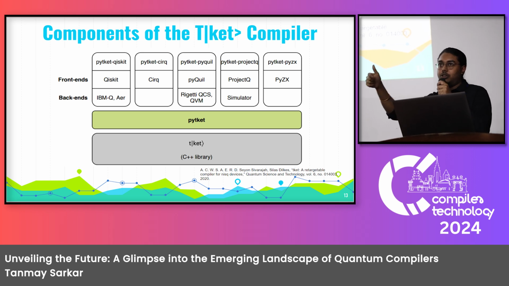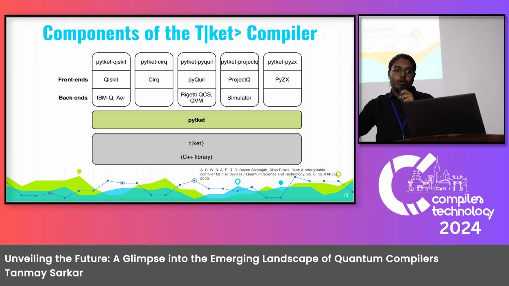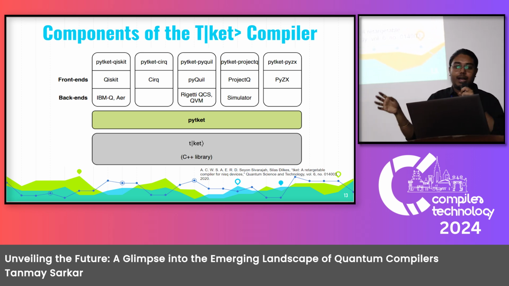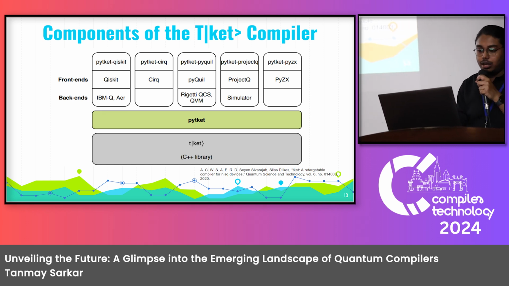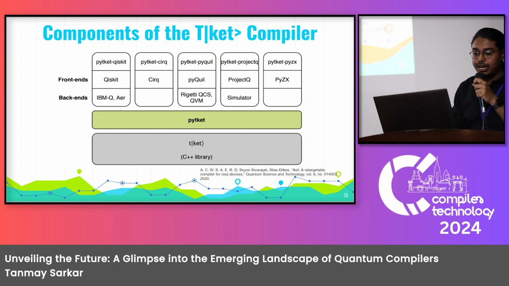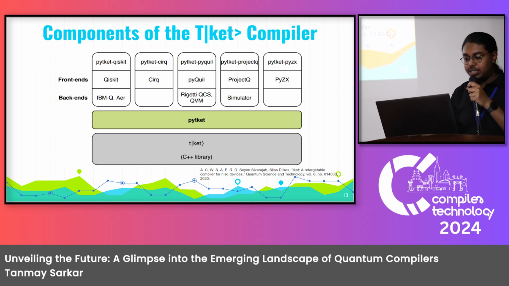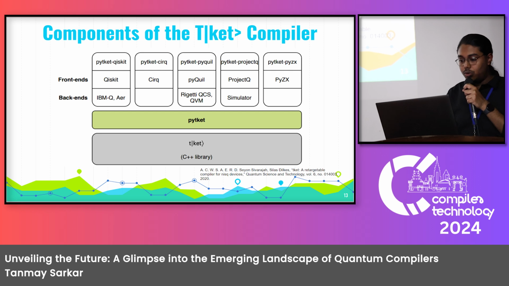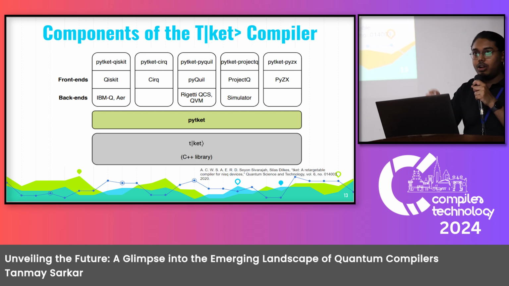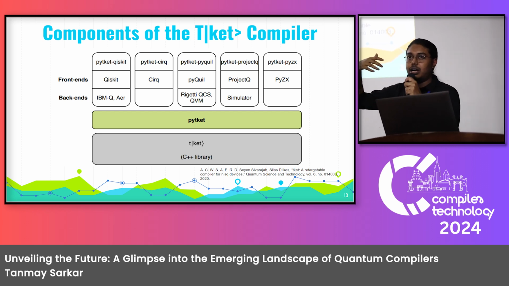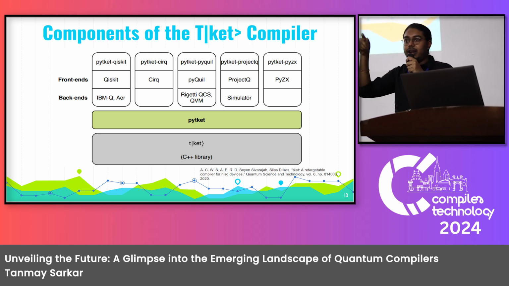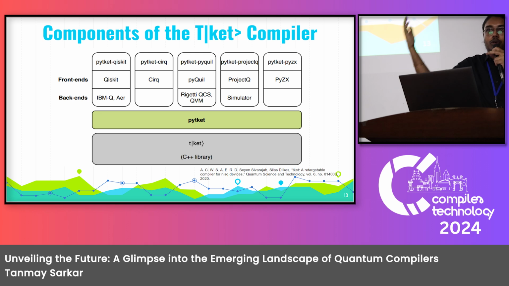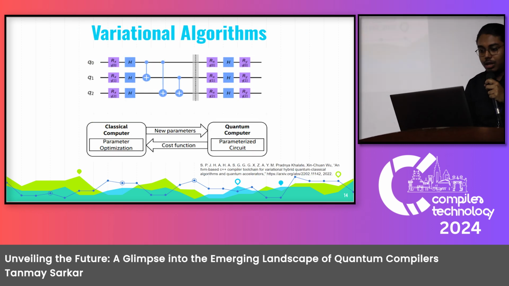What you just need to do in your Python notebook is pip install pytket-qiskit. pytket is a lightweight Python wrapper over the main core TKET library, which is written in C++. Once the IR comes in, the quantum-specific optimizations start happening, like the gate count reduction, the routing and all that. And there are a plethora of quantum optimizations there.